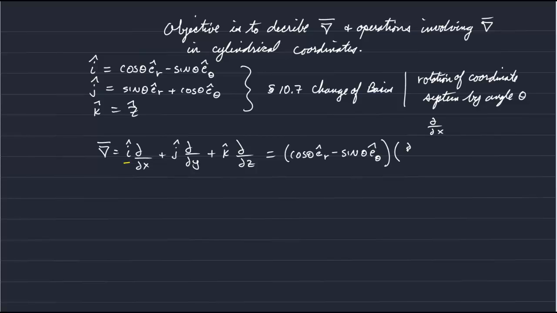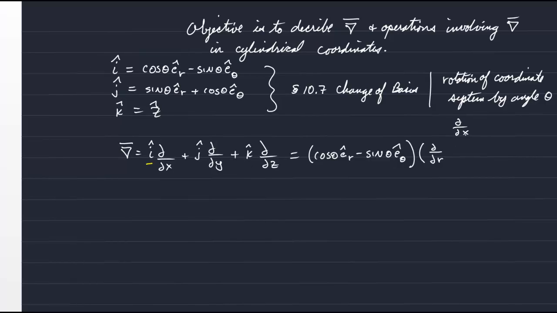We can describe that using the chain rule in terms of derivatives with respect to r, theta, and z. So d by dx is equal to d by dr dr by dx plus d by d theta d theta by dx plus d by dz dz by dx. Okay, so the first term was i hat, the second term was d by dx, and we can proceed with the other terms.